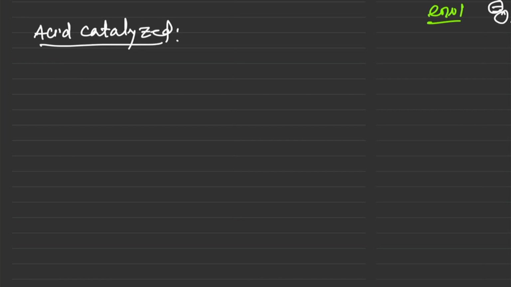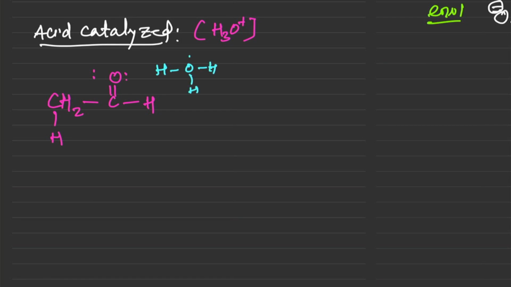Okay, I'm gonna ignore all the equilibrium signs for this part. CH2H. When we say acid catalyzed, that means H3O plus. So what happens when you have a ton of acid? So far we know when you have a lot of acid, the oxygen lone pair loves protons, so it will abstract a proton.